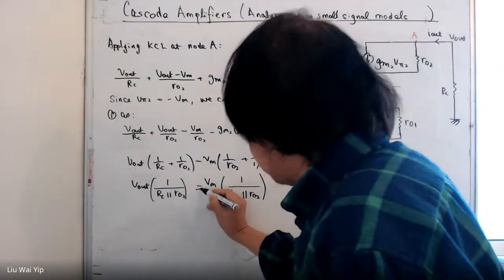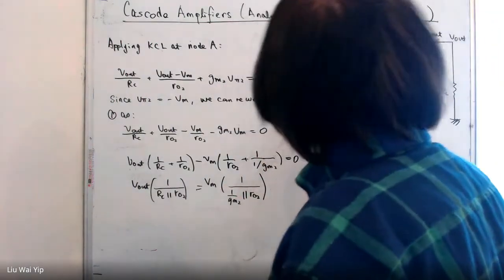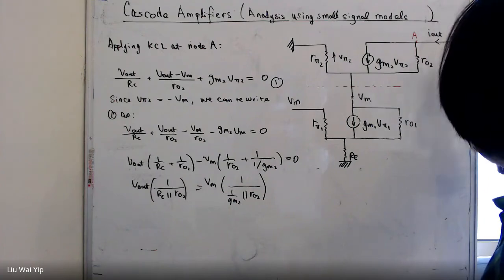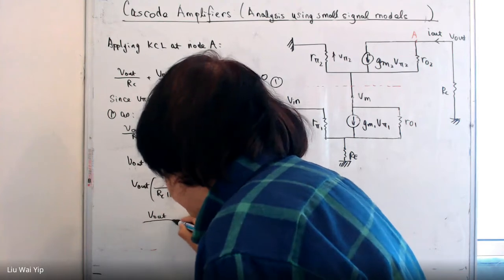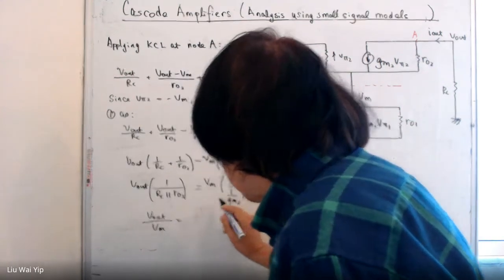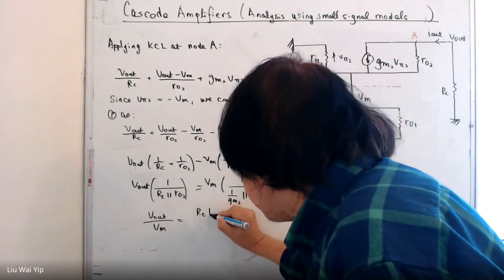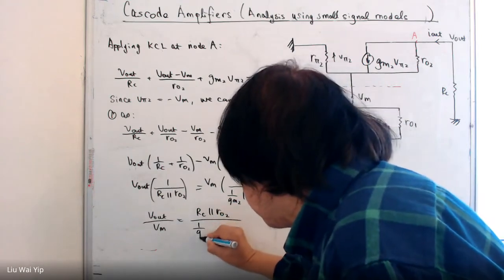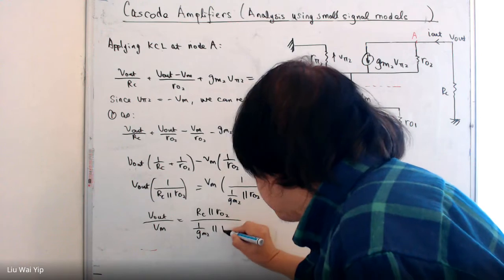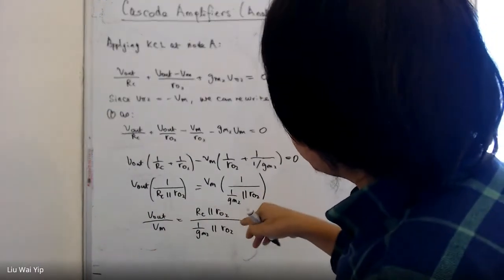And this one is equal to each other. So it is pretty straightforward. The transfer relation between Vout and Vm is going to be this guy moved up. So I hope this is clear enough to you. So for the time being, we have this relationship.